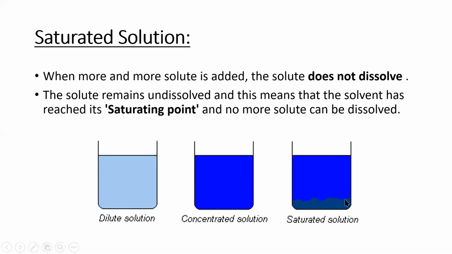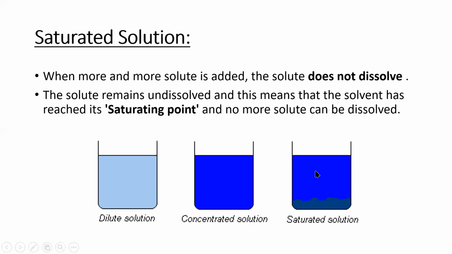It will remain as it is and it will settle down at the bottom of this beaker. Such solution is called saturated solution. So the solute remains undissolved, and this means that the solvent has reached its saturation point and no more solute can be dissolved in it, right?